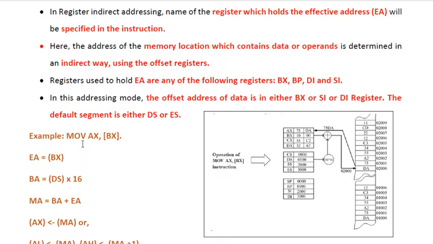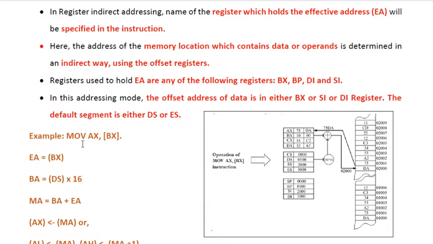The base address will be determined by first multiplying DS by 16, or appending quadruple zeros at the end, so that we create a 20-bit address. Then the memory address is determined by adding the base address with the effective address. This we have already learned in the previous classes, the way a 20-bit address is created.